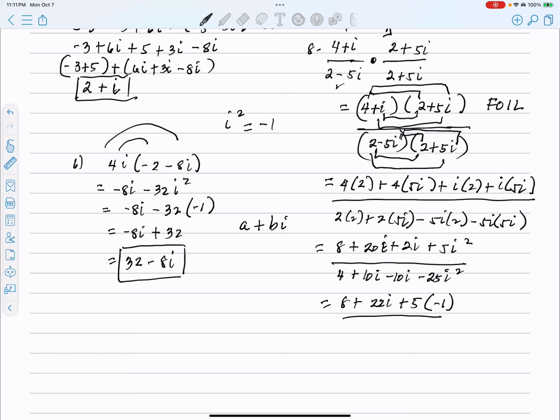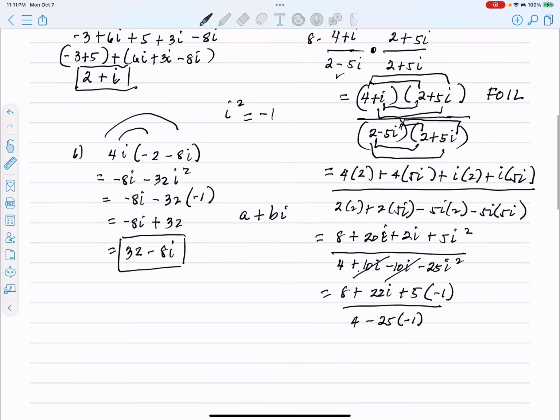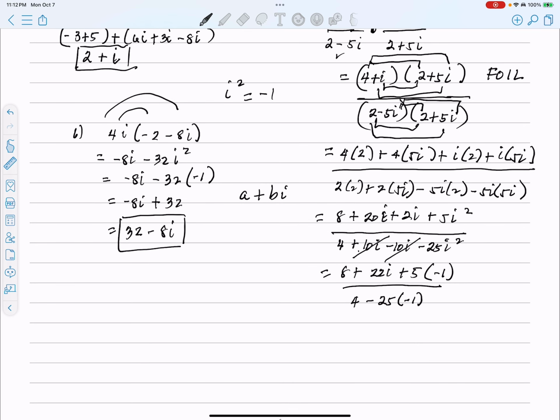In the denominator, we can cancel out the positive 10i and the negative 10i. So we have 4 minus 25i squared. So substitute it with a negative 1. Alright, you have to be careful when you do something like this.